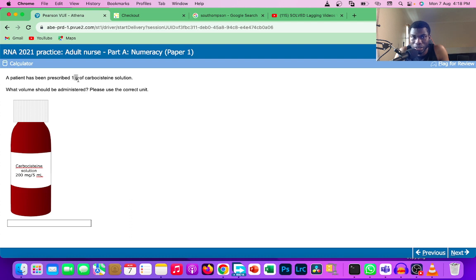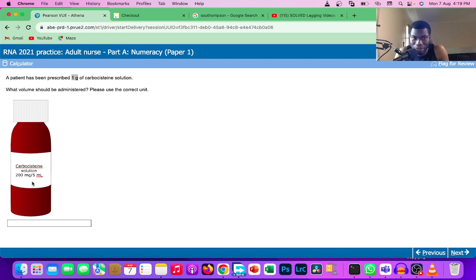So first of all, look at it. It's in grams here, it's in milligrams. So what you need to do is to convert this to milligrams. Alright, and 1000 milligrams will give you 1 gram. So basically, if you are converting this to milligrams, that will be what? 1000 milligrams. So if 200 is to 5, then what will 1000 milligrams be equal to? So just cross multiplication. You put 1000 here is equal to x.